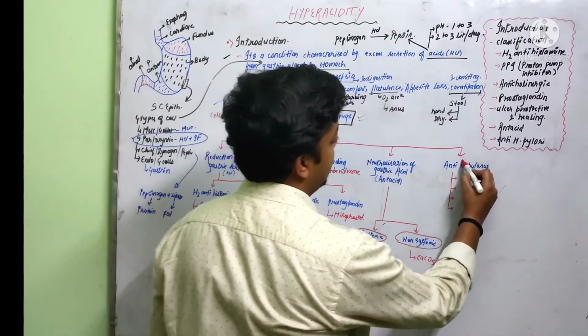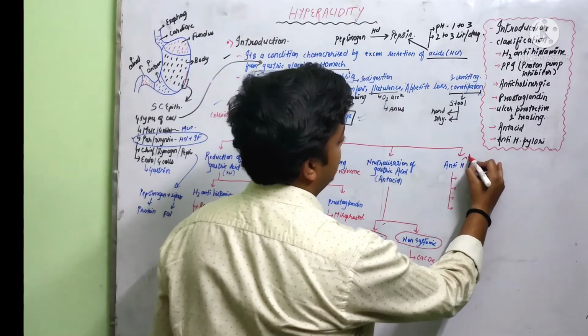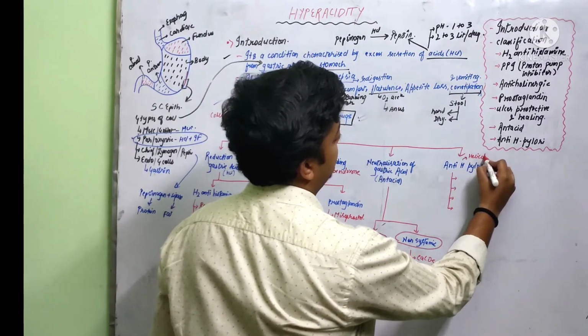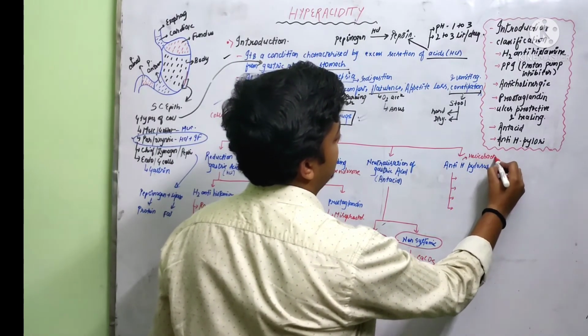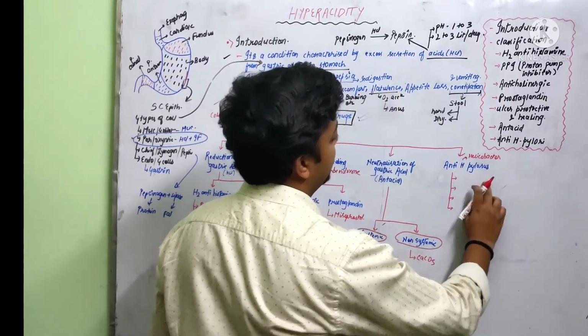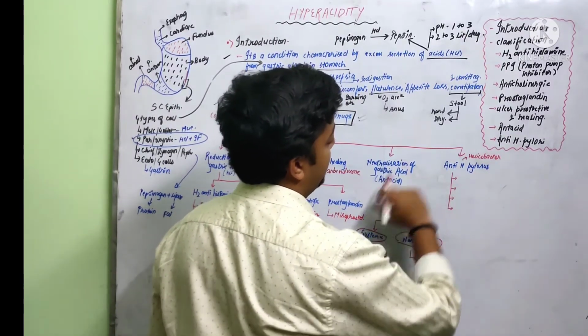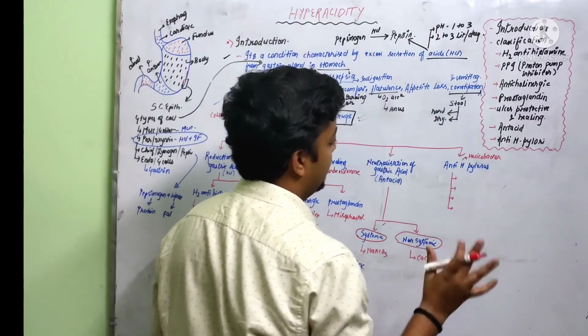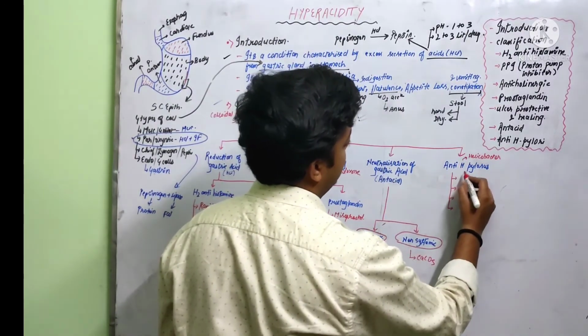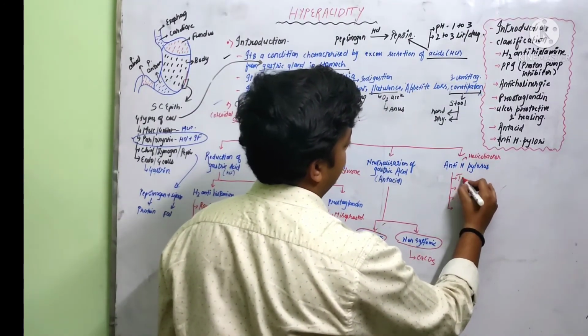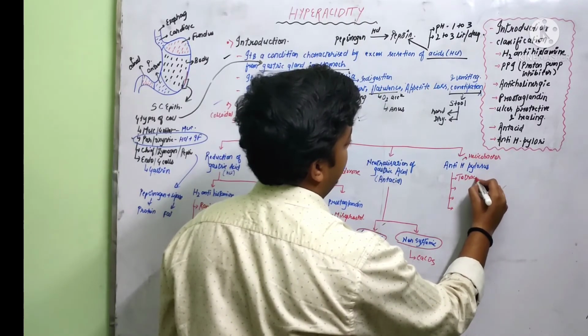Next we have the anti-H pylori. So guys, H here stands for a bacteria that is called Helicobacter. So this bacteria basically infects the stomach and causes a variety of disorders. So to treat this kind of problems, we use 4 commonly used drugs. The first is tetracycline.